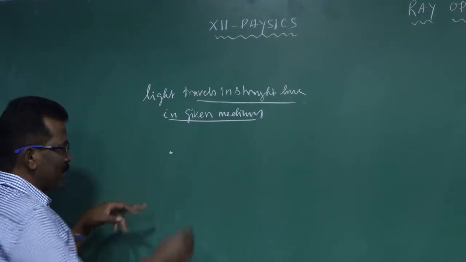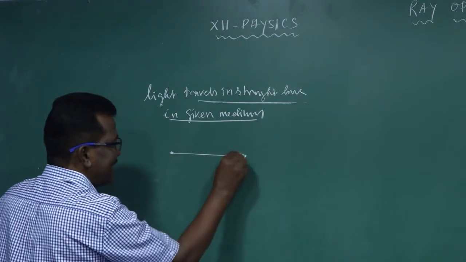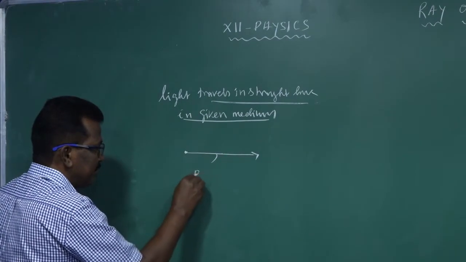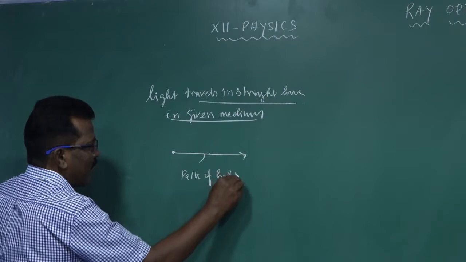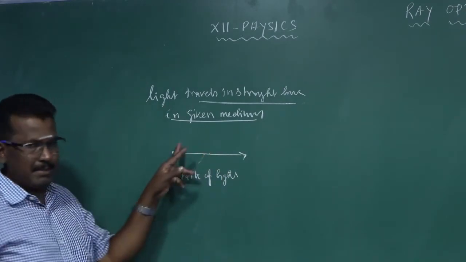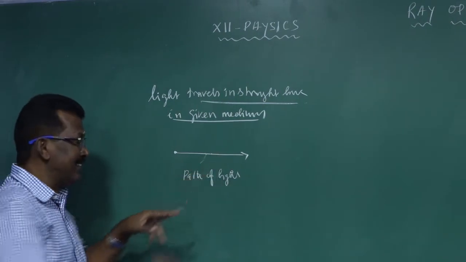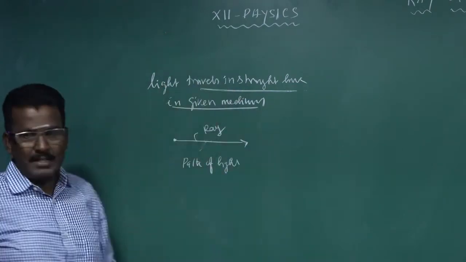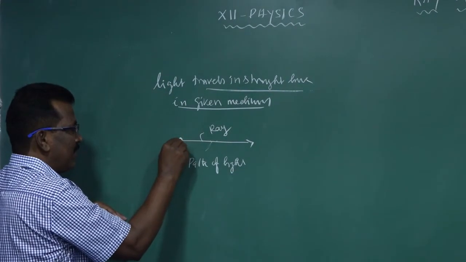The light coming from the source moves in one direction. This represents the path of the light. The path of the light represented by a straight line is called a ray.